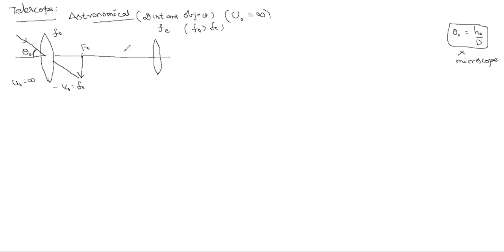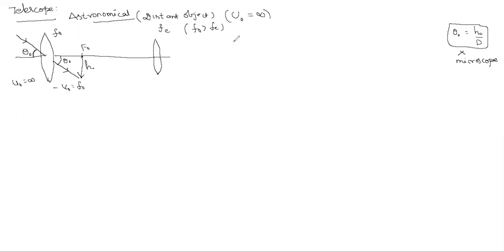If I come back, this theta O in the diagram is equal to this opposite angle; these two angles are equal. On the other side, can I write the height as h? Because it is not the object, it is the image formed by the object.